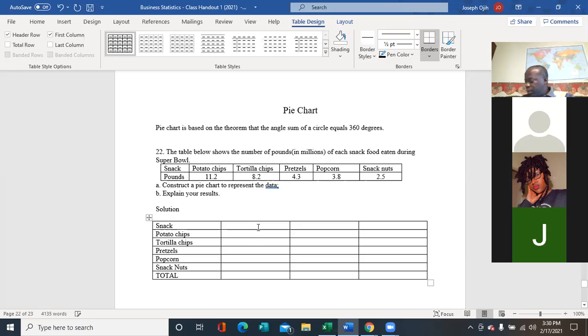Then you have a frequency, so the number of pounds that are eaten.